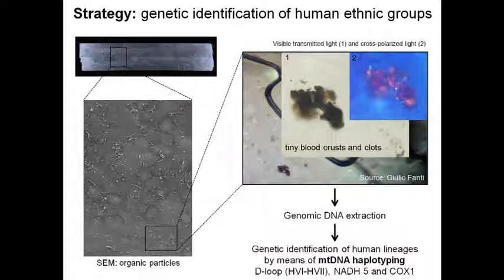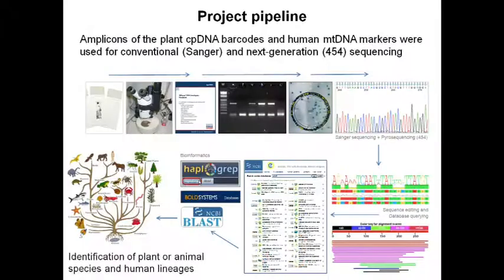We were able to sequence DNA markers by using an approach called mitochondrial DNA haplotyping for the control region and the two genes we selected for sequencing. So, to make a long story very short, this is the project pipeline.